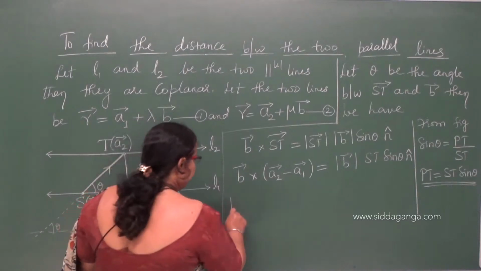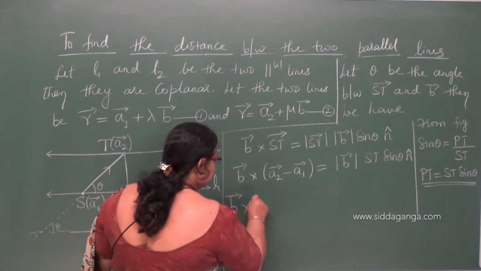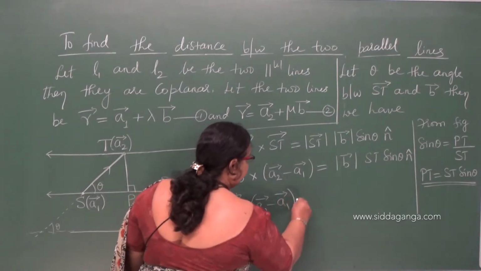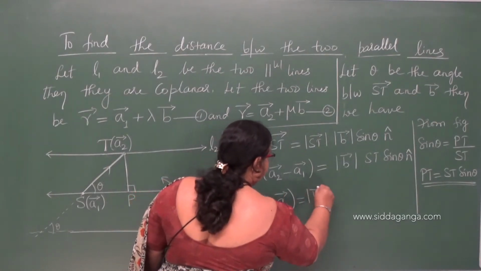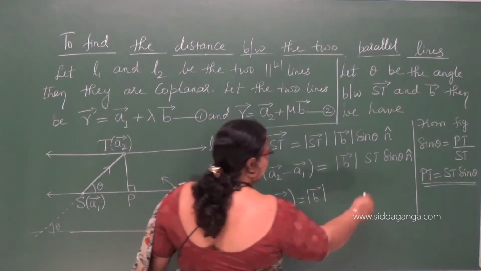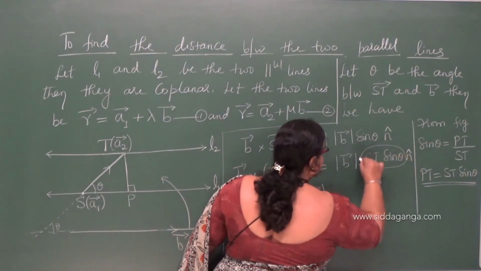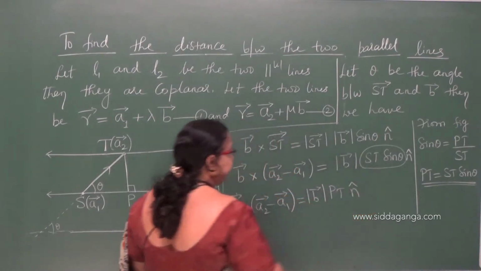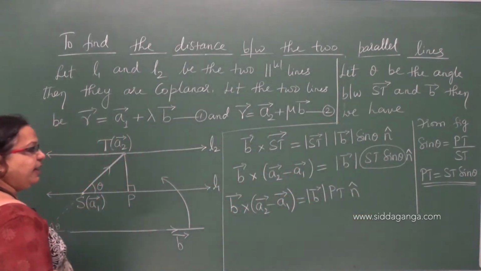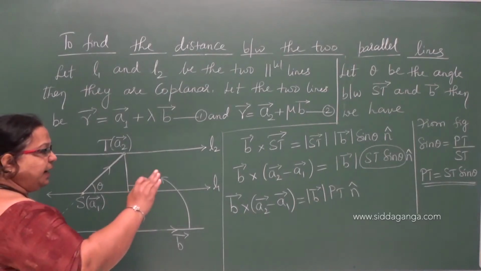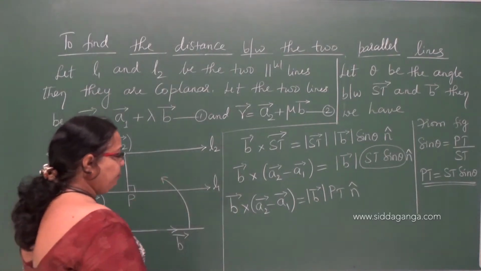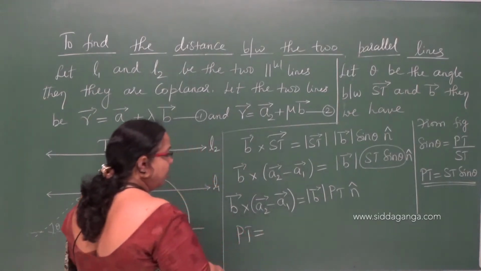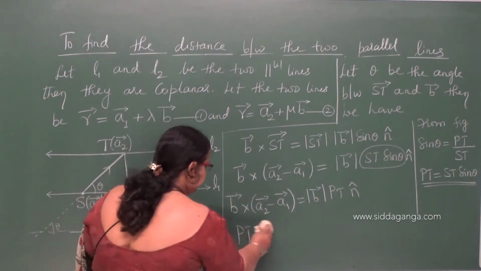So therefore vector b cross of vector a2 minus vector a1 is equal to magnitude of vector b, and instead of ST sin theta, we have to take it as PT into n cap. So PT equal to PT, or you take the modulus on both sides.